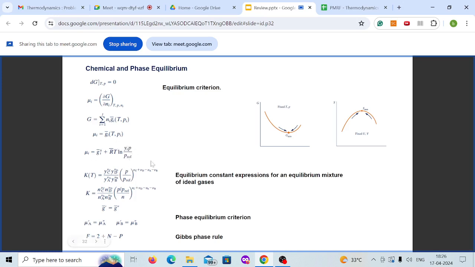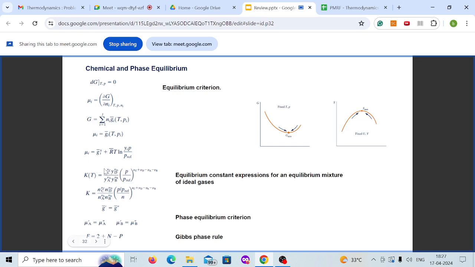So from this at equilibrium, you need to find the equilibrium constant. The equilibrium constant is nothing but the mole fractions of the product components raised to the power of their individual coefficients in the reaction expression, divided by the reactants' mole fractions raised to the power of their coefficients, into P by P reference raised to the power of the difference in the coefficients of the product minus reactant.